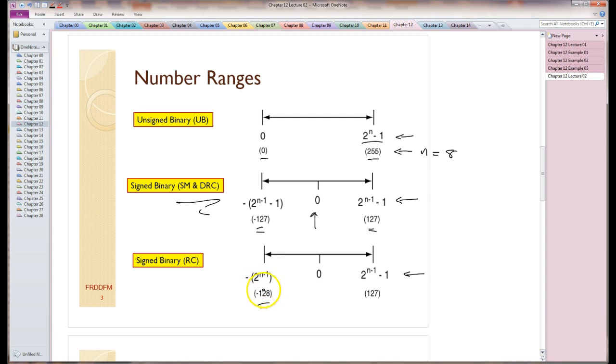So it makes it asymmetrical by giving an extra number on the negative side. So for 8 bits, the biggest negative number is negative 2 to the n minus 1. The biggest positive number is 2 to the n minus 1, minus 1. This is something you'll get used to. It's not really that hard to memorize, particularly if you remember this n equals 8 example.